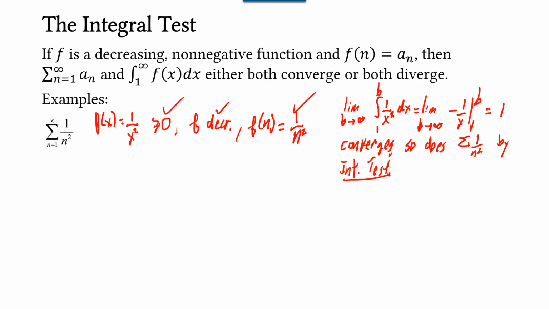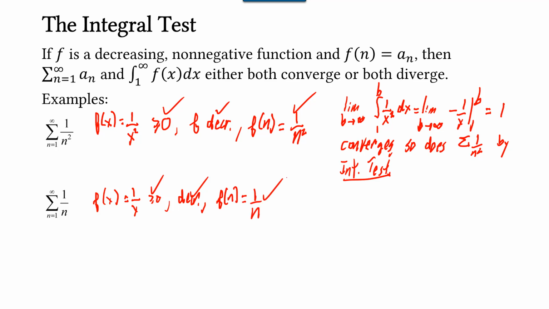We can use the integral test to verify that the harmonic series diverges. Let's do that. Here the function will be 1 over x, for x bigger than 0. Decreasing, that's true, because as x gets bigger, 1 over x gets smaller. And does it generate the nth term? If I plug n into the function, I get 1 over n, so that's okay too.